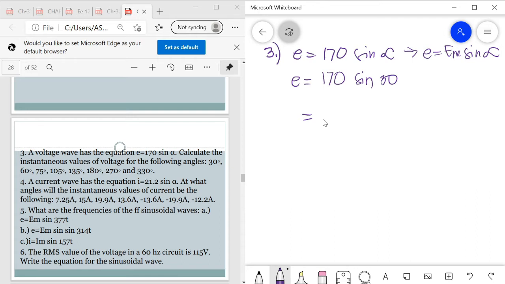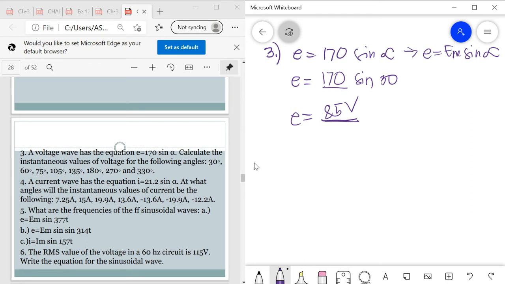That is equal to 85 volts. Ito yung maximum value ng voltage mo at ito yung mariread na voltage at 30 degrees.